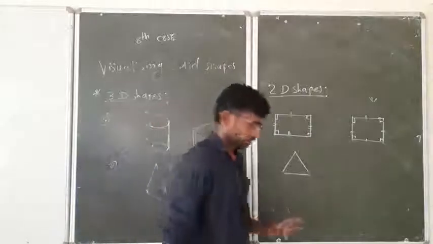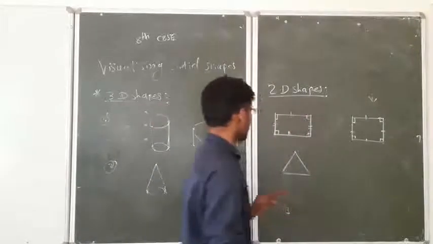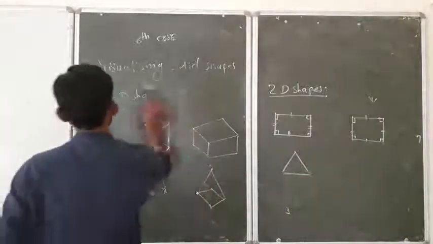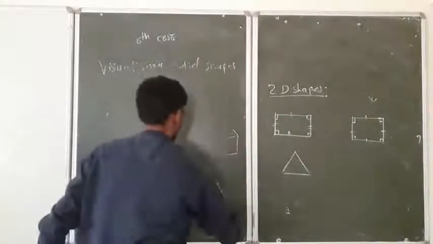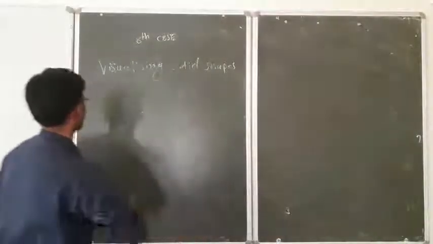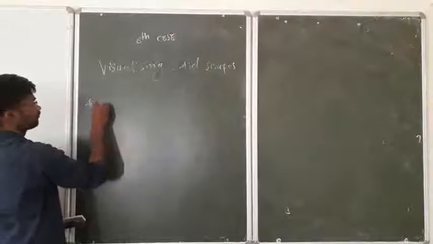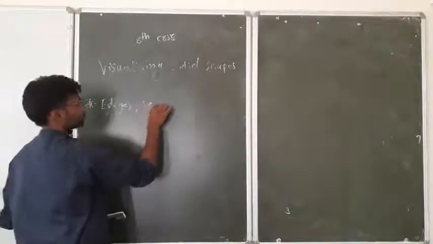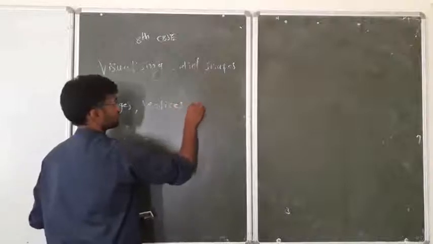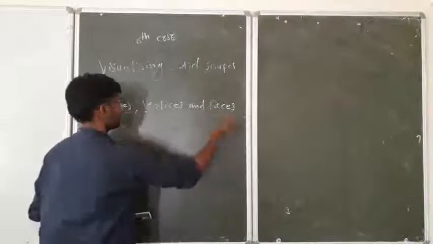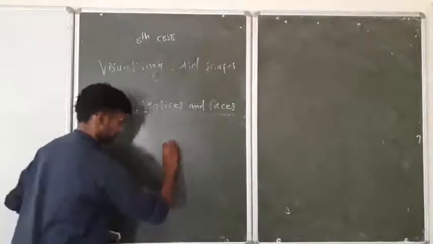Understand? Now we will see the next point, that is edges, vertices and faces. Suppose I draw a cuboid.